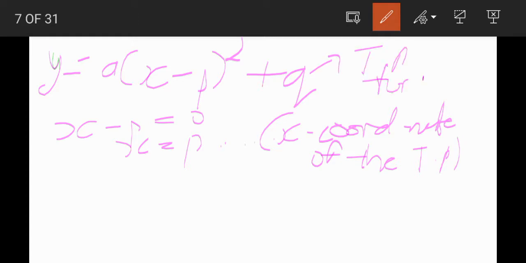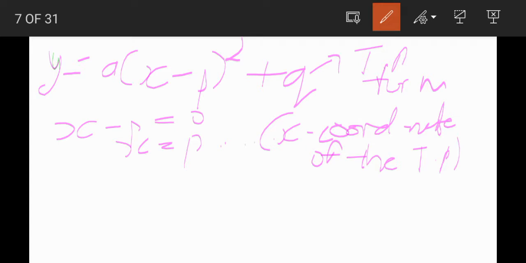Or we can say it's the completed square form. So in this way, we have completed the square. So we can call it the turning point form or the completed square form, right?